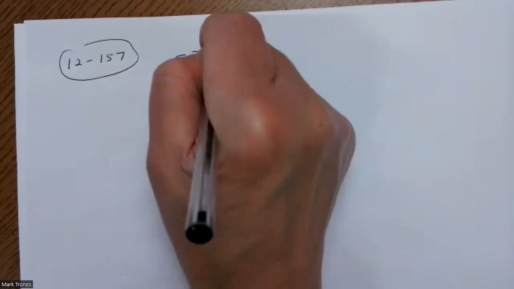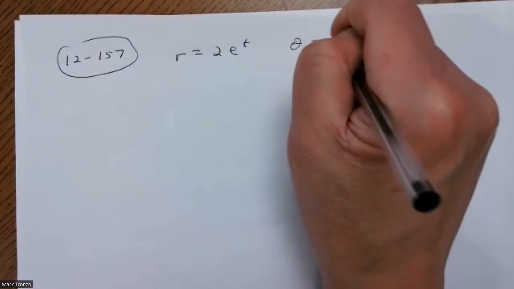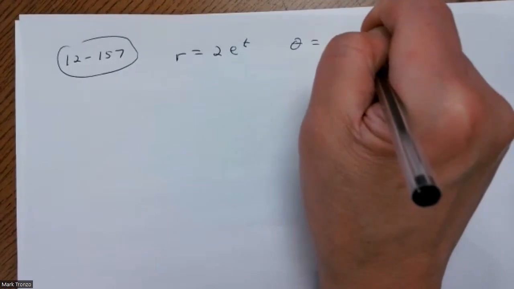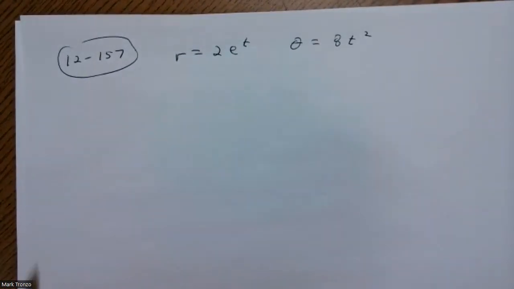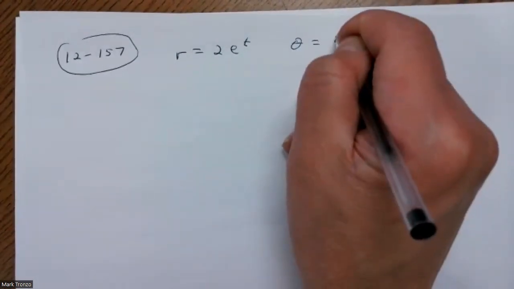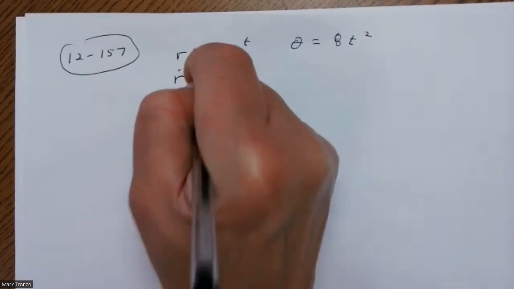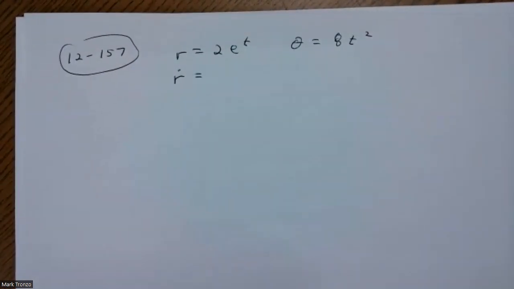Let's write this down. r is e to the t. Theta is 8t squared. And we're going to need the derivatives, so we can just go ahead and take them. Remember, the dots, like r dot, are the derivative with respect to time. So we don't have to do implicit differentiation because these functions are given as functions of time.